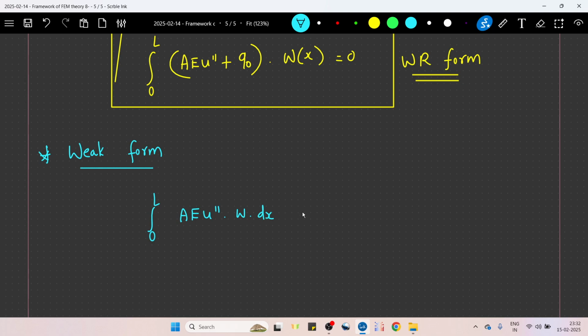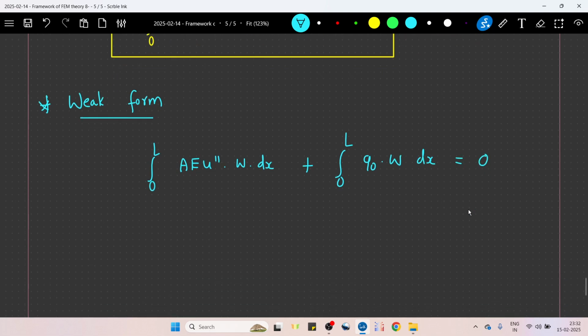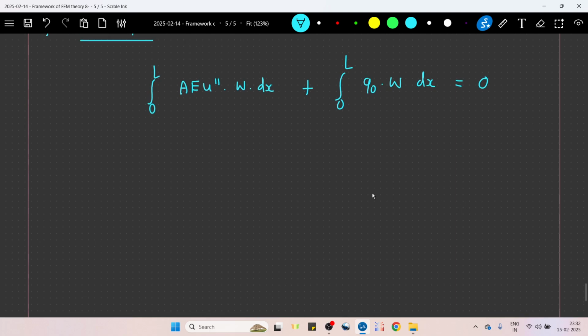So I will say integral of AE u double dash w dx, plus integral of q0 w dx equal to 0. So let's further expand. Now here we will do something called integration by parts.